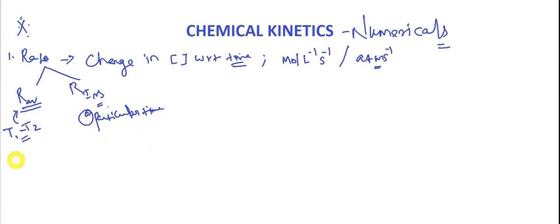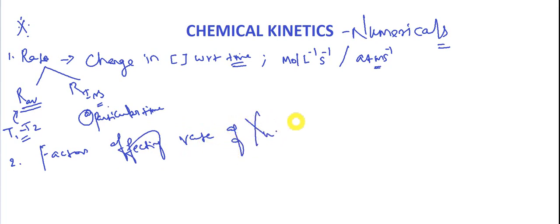Next, factors affecting the rate of the reaction. What are the factors we can list out? You can remember this code, CTC SC. If you remember this code, it will be easy to recall the factors affecting the rate of the reaction.